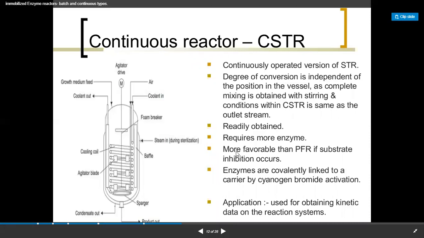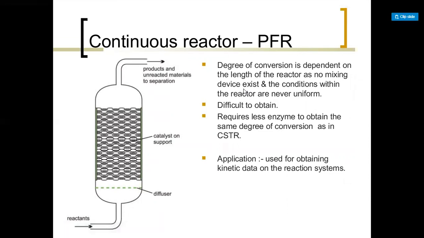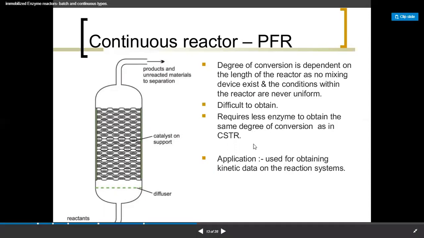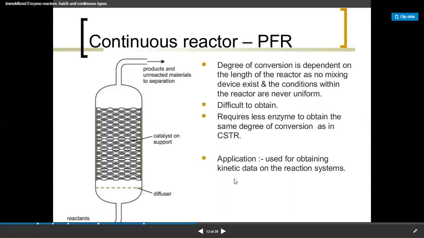It is readily obtained but requires more enzymes. In packed bed reactors, the degree of conversion is dependent on the length of the reactor as no mixing device exists, and the conditions within the reactor are never uniform. These are difficult to obtain, and require less enzyme to obtain the same degree of conversion.